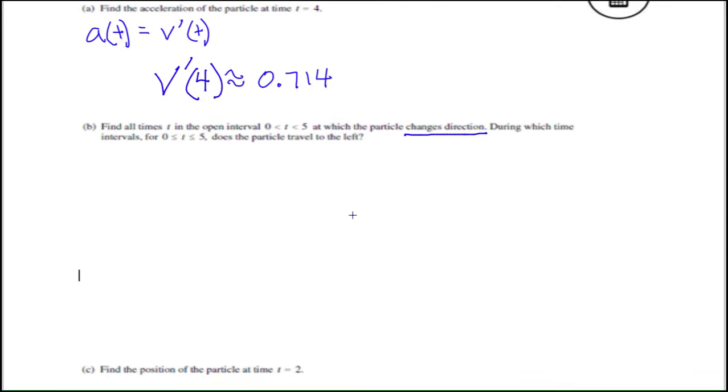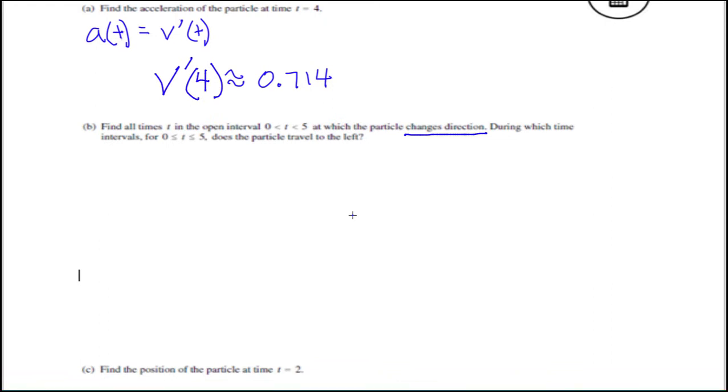So in general, you have 3 things: position, velocity, and acceleration. Velocity is the first derivative of position. So let's think about Mr. Sandell's position. My position changes, but what you're really thinking about is my speed. Once my speed hits 0 and then changes to a negative, that means I've changed direction.